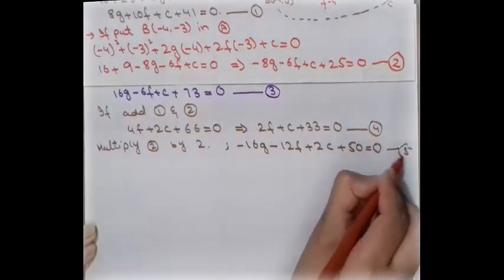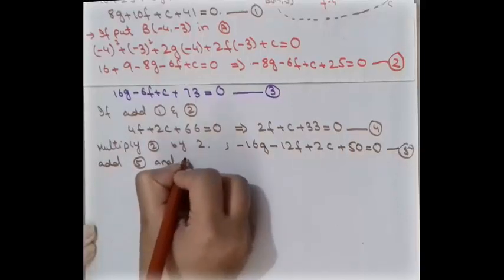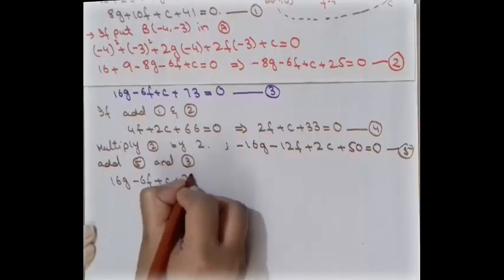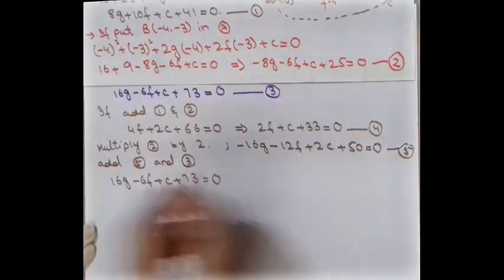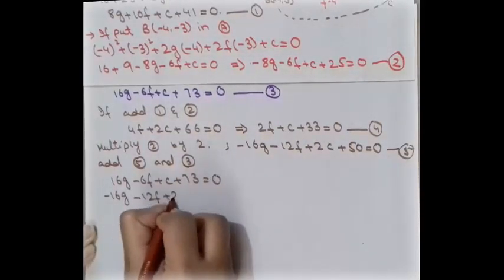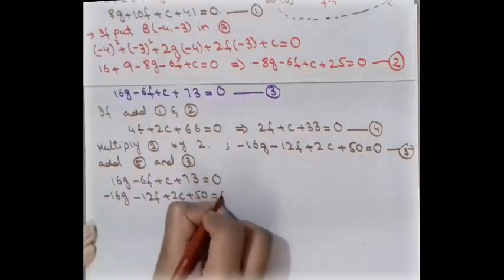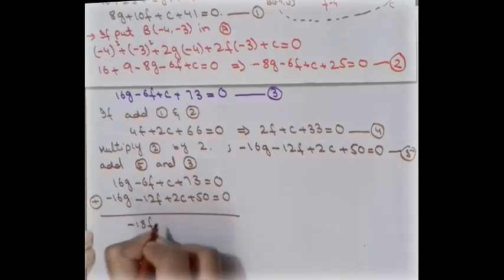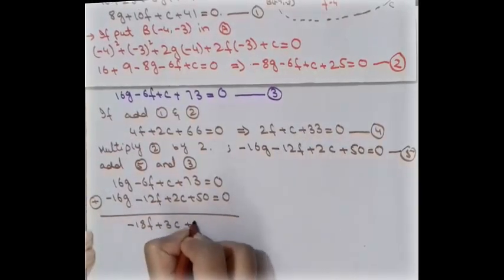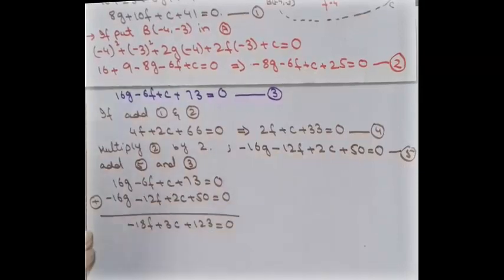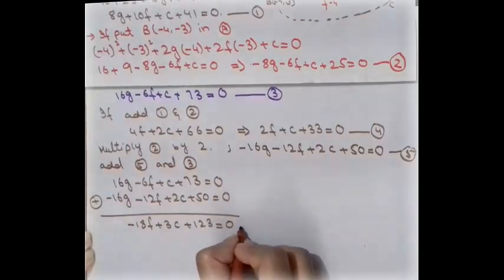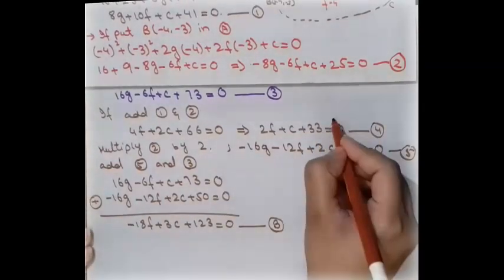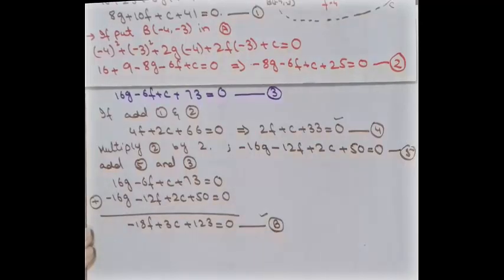If we call it the fifth equation, we add the fifth and third equations: 16g minus 6f plus c plus 73 equals 0, and minus 16g minus 12f plus 2c plus 50 equals 0. Adding them, we get minus 18f plus 3c plus 123 equals 0, and we call this equation B. Now we have these two final equations with g eliminated.